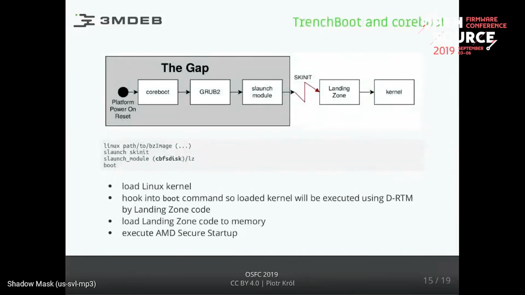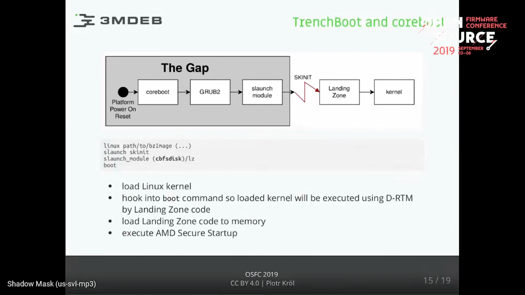Okay, so our implementation, if we compare that to the picture from the TCG specification, looks like that. We have platform reset, then we have coreboot, then we have GRUB as a payload. All that stuff is in SPI.